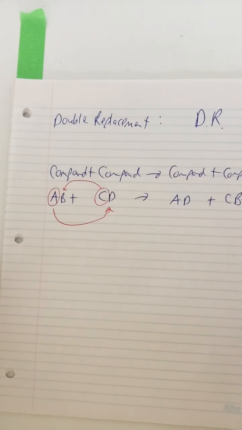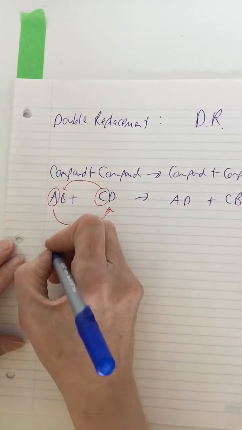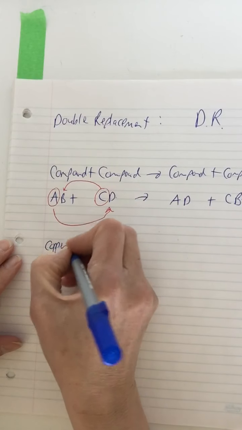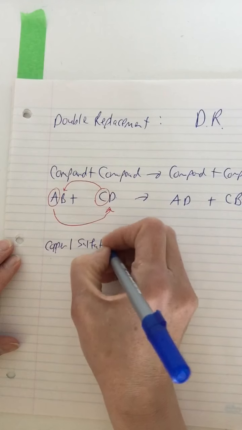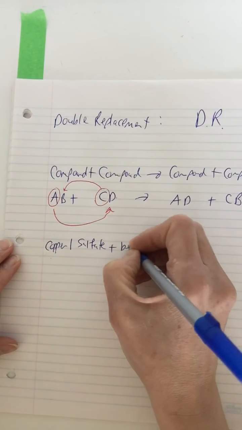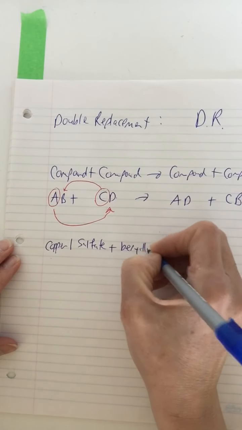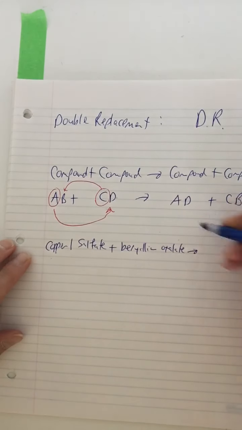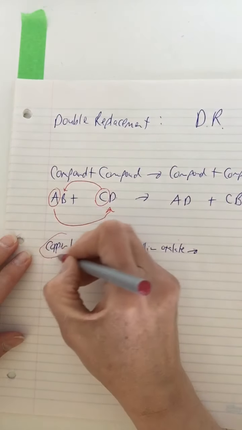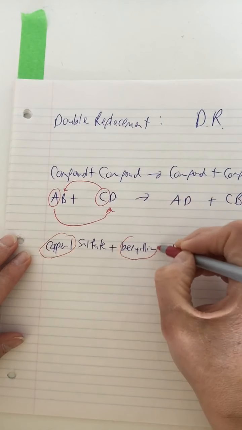So the example on your slide is copper 1 sulfate plus beryllium oxalate yields. So all you know is that copper 1's the metal, beryllium's the metal.